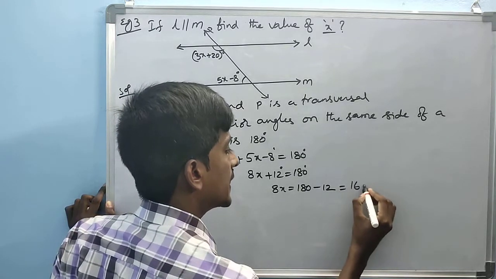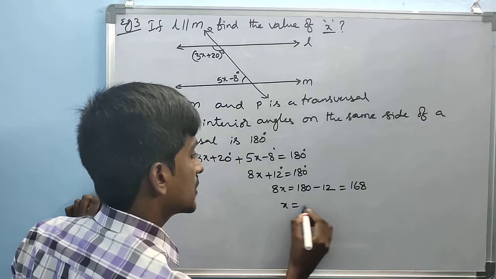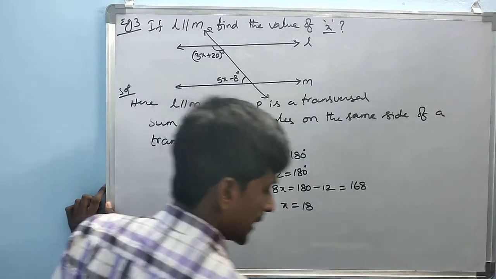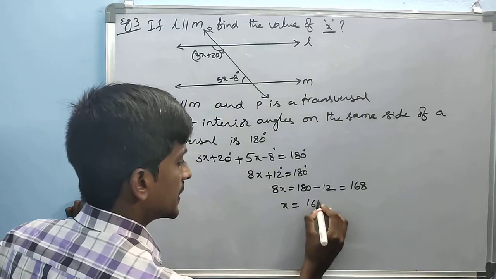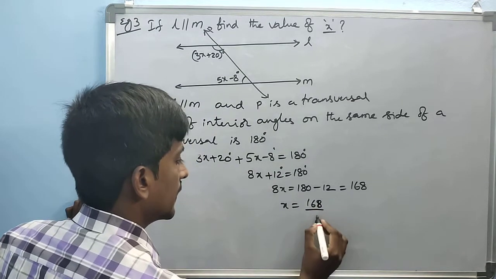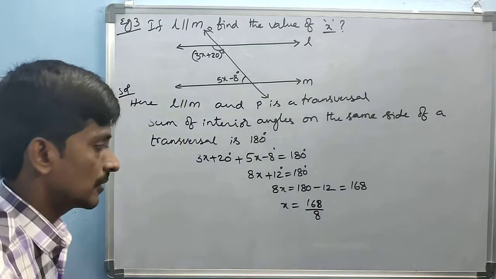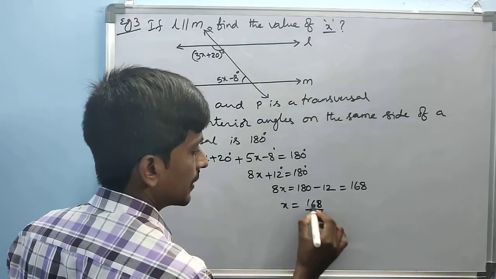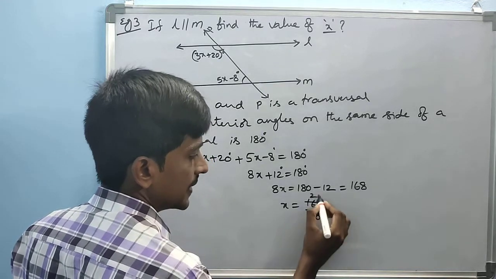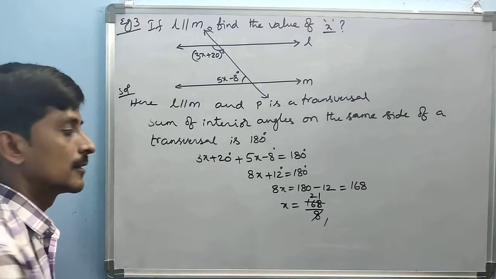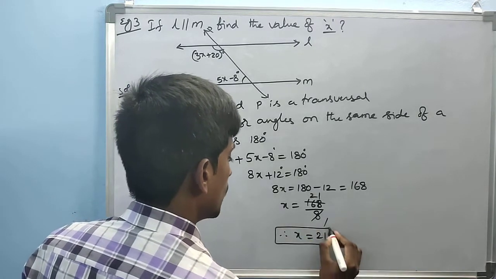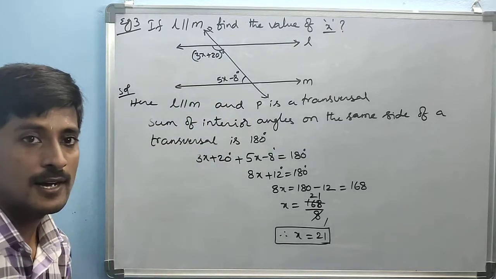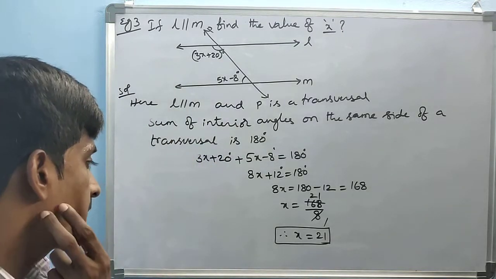So 168. x equals 168 by 8. So cancelled. 8 table, 8 1s are 8, 8 2s are 16, 8 21s are 168. Therefore, x equals 21. That is the value of x.